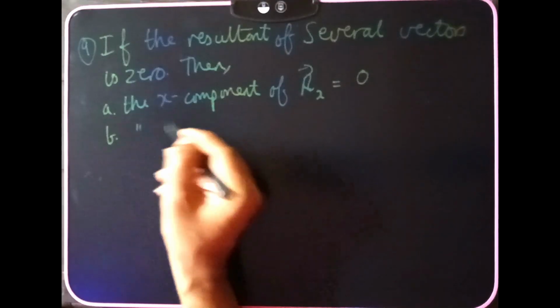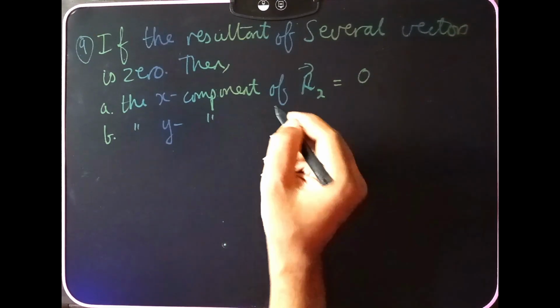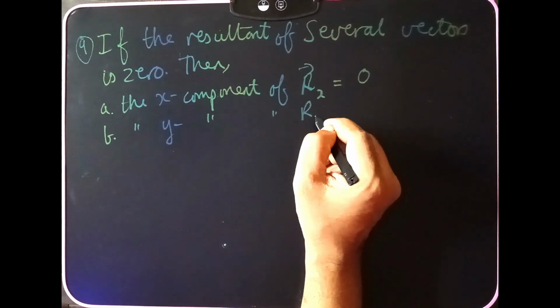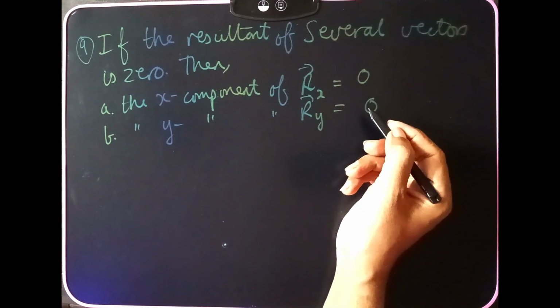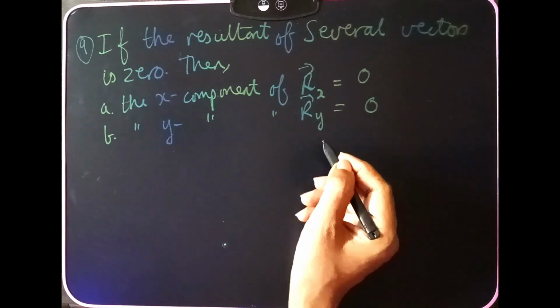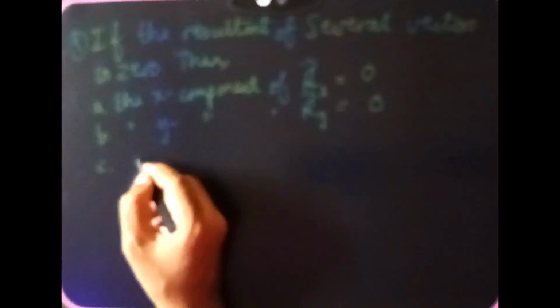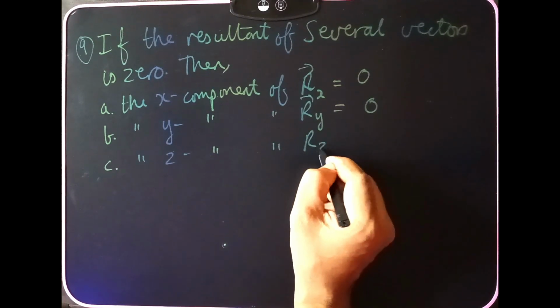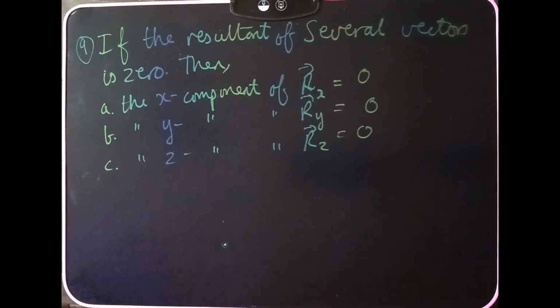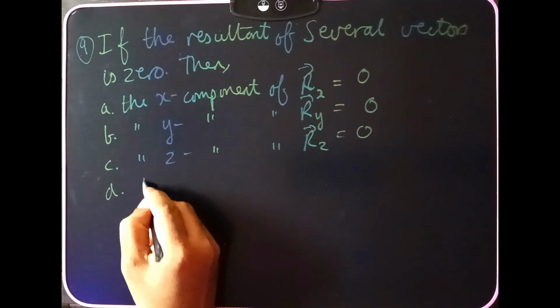Option B: the y component of the resultant vector must be 0. Option C: the z component of the resultant vector is 0. And D: none of the above.